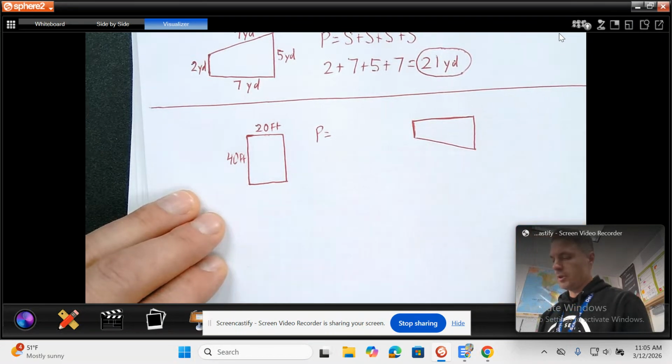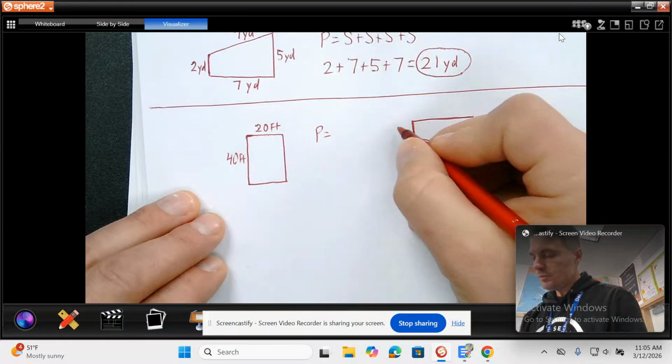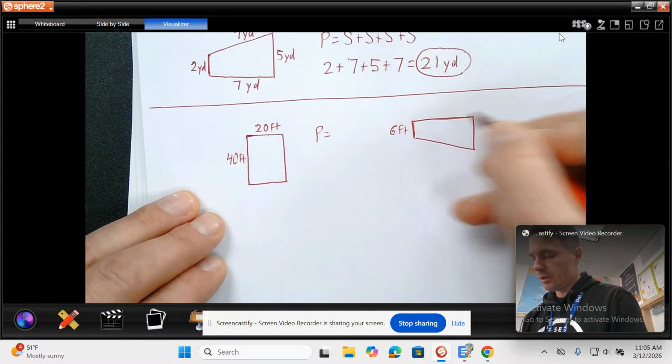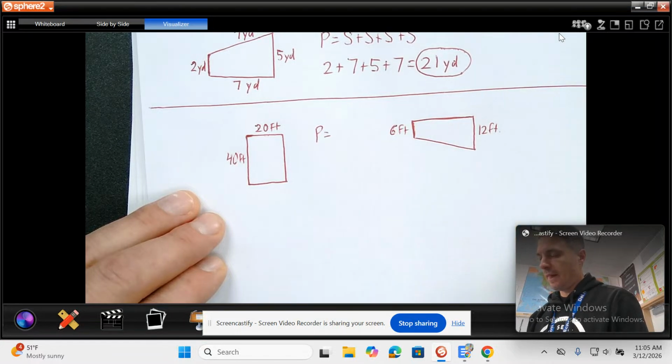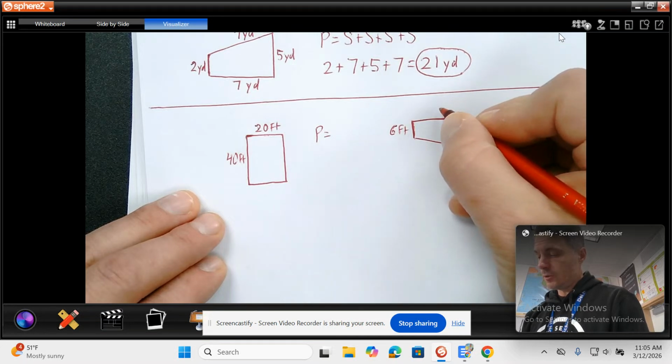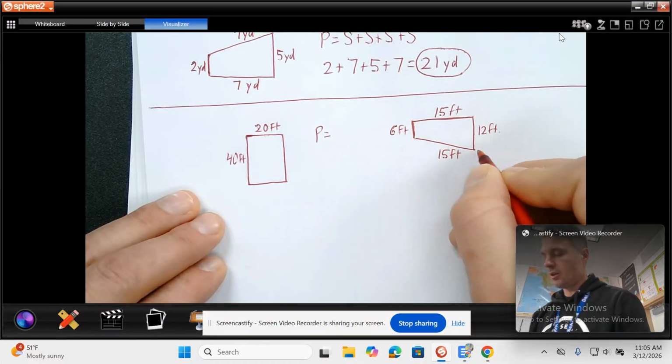And let's say here we have this shape. This is a trapezoid. Let's say it is 6 feet from here to here, 12 feet from here to here, and let's say it is, I don't know, 15 feet. I'm just kind of eyeballing this from here to here, and 15 feet from here to here.